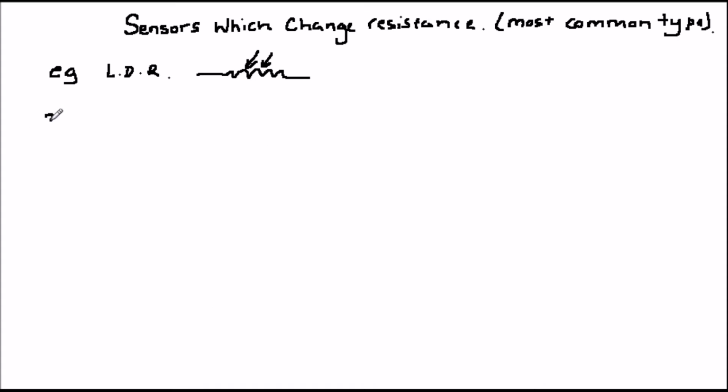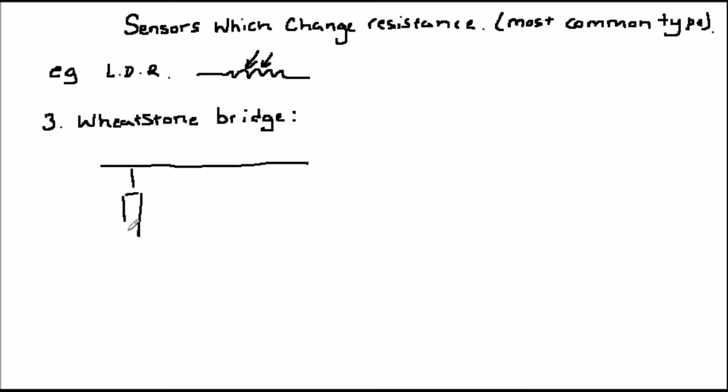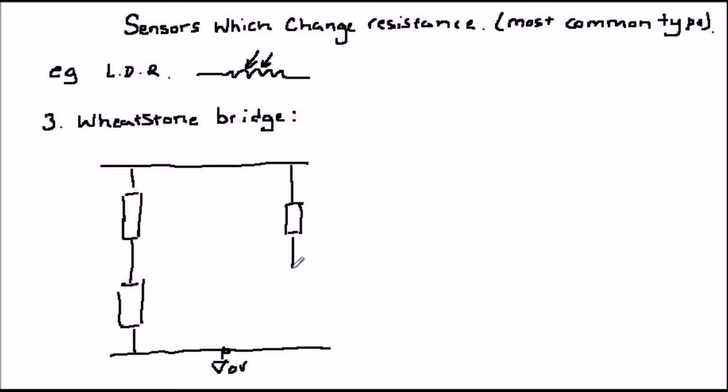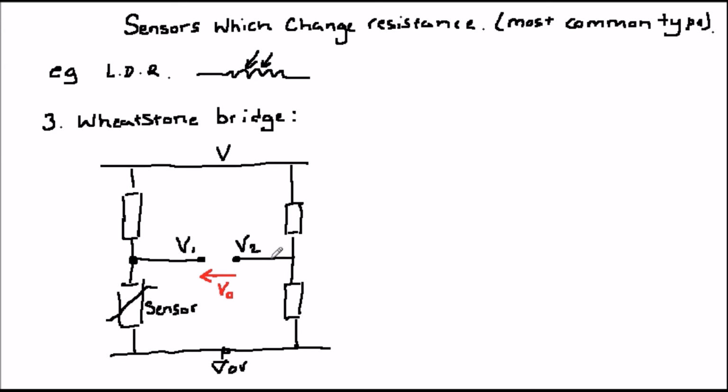So one final method is to use 2 potential dividers opposite each other. This configuration is called a Wheatstone bridge. Here, if all the resistances are the same, of the 3 fixed resistances and the sensor resistance in its resting state, then the voltages produced at V1 and V2 will be the same, and V out, the difference between those 2 voltages, will be equal to 0.